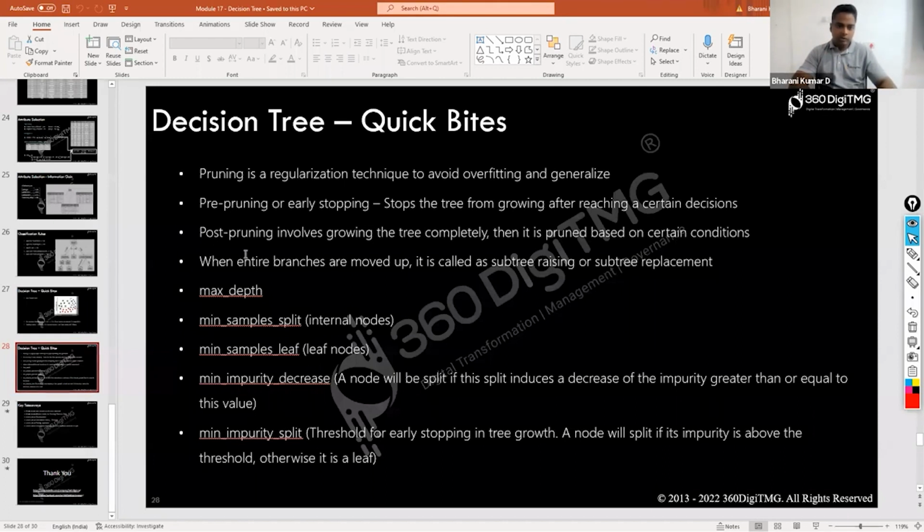Whichever you feel is part of pre-pruning is going to stop your algorithm. When you grow your entire tree completely, you can also say that minimum impurity decrease or minimum impurity split is something that I want to apply. You can still apply that, and that would be called post-pruning. So certain regularization techniques can help you perform both pre-pruning as well as post-pruning.